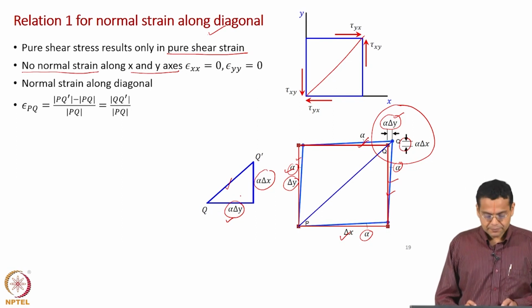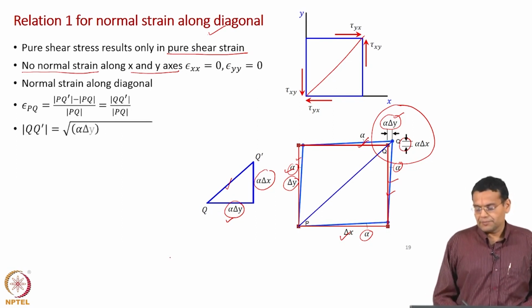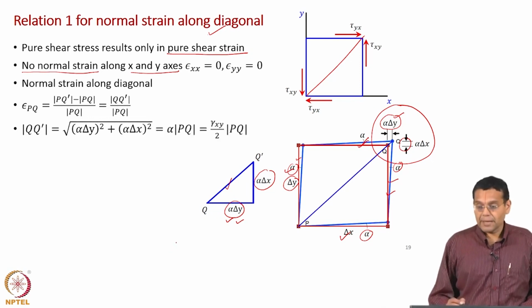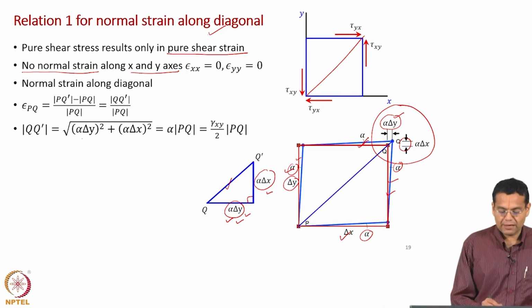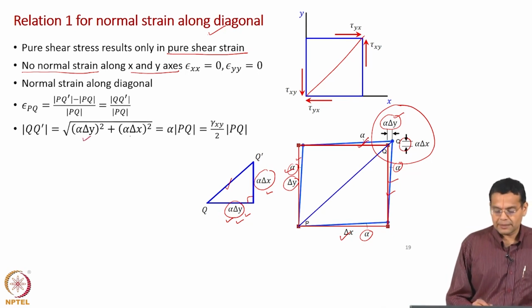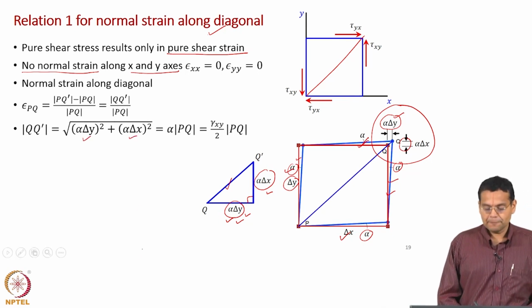Now, we can find the increase in length QQ dash by applying Pythagoras theorem, since this is a right angle triangle. So, length of QQ dash is equal to the square root of the square of this length plus the square of this length. So, square root of alpha delta y whole squared plus alpha delta x whole squared.